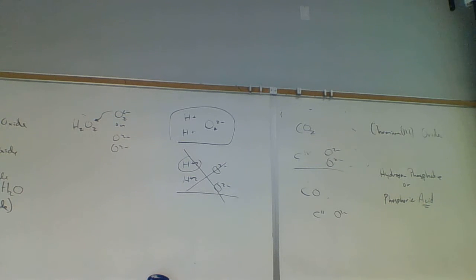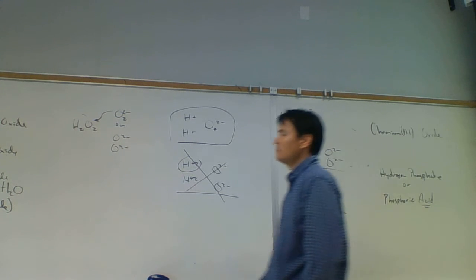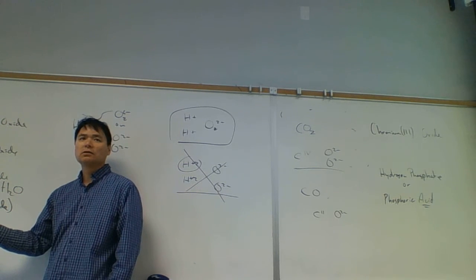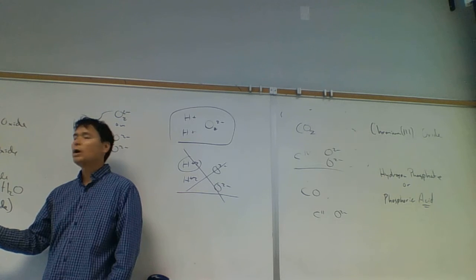Because nitrogen likes to gain 3, right? Or lose how many? Because if it gains 3, then it's like neon with 10. Or it could lose 1, 2, 3, 4, 5. Losing 5 is quite a lot to lose. And so it might not lose all 5. So for example, here in nitrous oxide, it just lost 1.